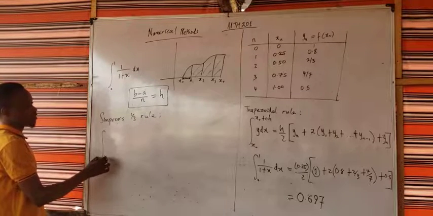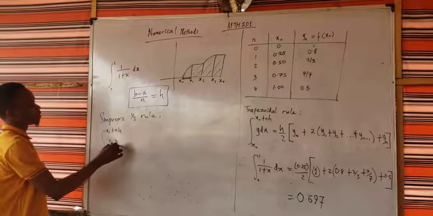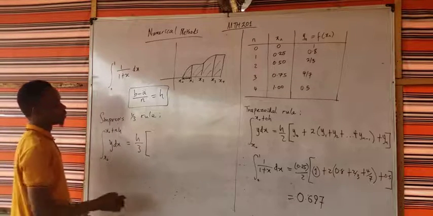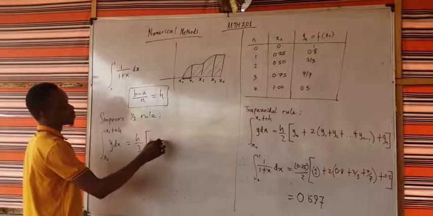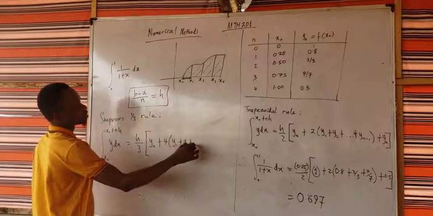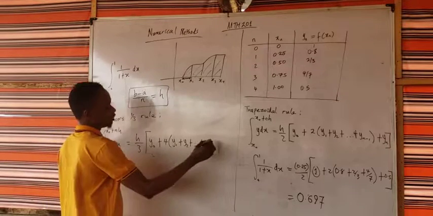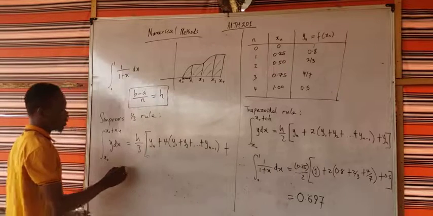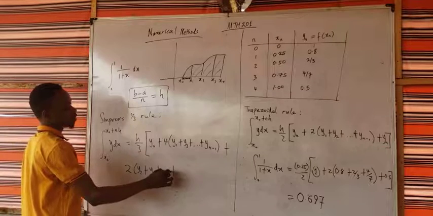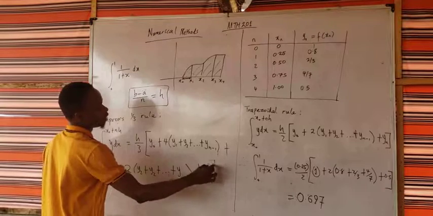It says that the integral from x0 to x0 plus nh of y dx is equal to h/3 into y0 plus 4 into (y1 plus y3 plus and so on, plus y into n minus 1), then plus 2 into (y2 plus y4 plus and so on, plus y into n minus 2), then plus yn.